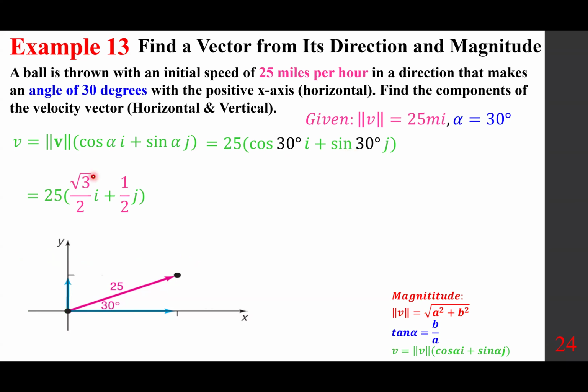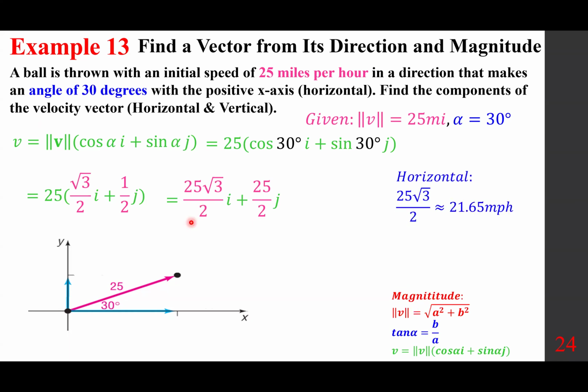We multiply by 25, and the components are that, which means along the x-axis is this one, along the y-axis is this one. So, find the components of the velocity vector. Horizontal is this number, which is about 21.65. Remember, this is the magnitude, okay?